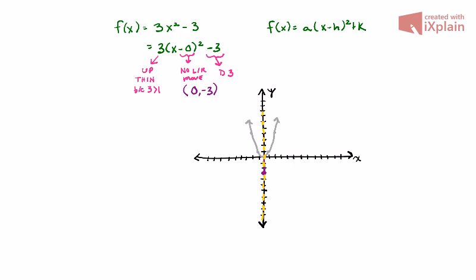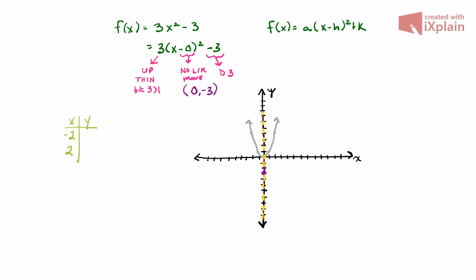I'm going to work with -2 and 2. I'm not necessarily picking them because they are opposites, but 2 is 2 spaces to the right of the axis of symmetry, and -2 is exactly 2 spaces to the left.